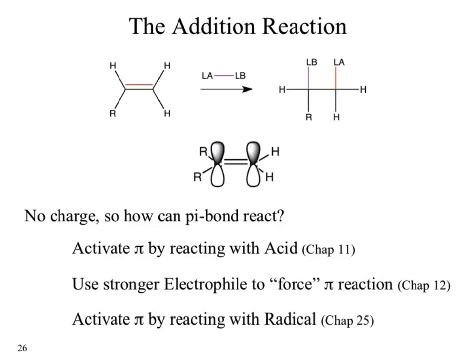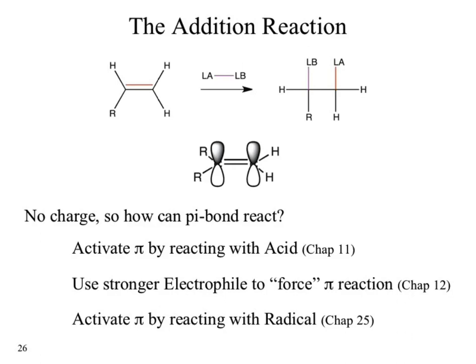Okay? When we look at our additions, we've got our divisions within our textbook, the Carty textbook, if you're going to use ours. Activate the pi bond by reacting it with an acid. Acids are very, very positive. Remember, we're talking about our Bronsted, so H+. So we're going to make the pi bond react by giving it something incredibly positive. The electrons come out, react with that. We now have a carbocation. How do we stabilize the carbocation?